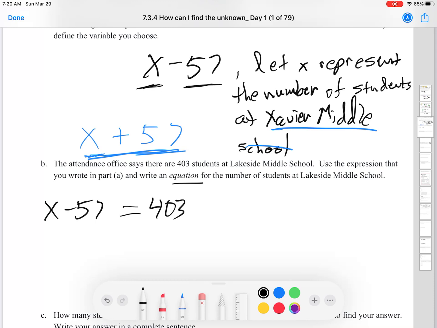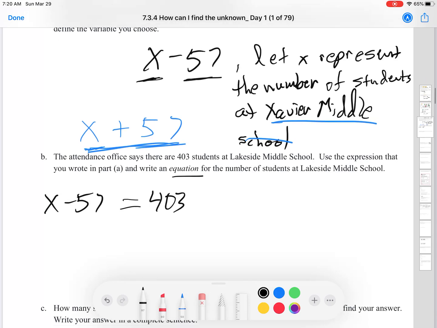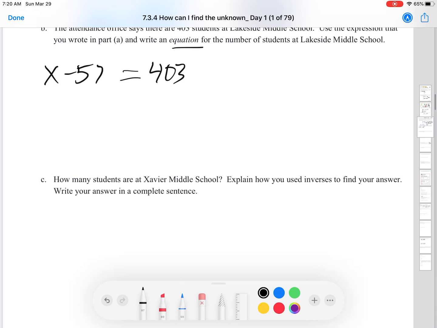Now, we've created that equation. My guess is that in C, we've got to figure out how many students are at Xavier Middle School, right? We are going to have to figure out what that x is.